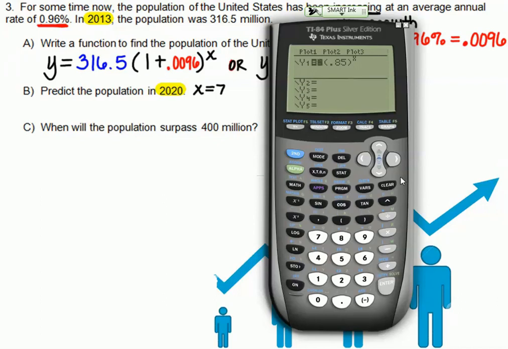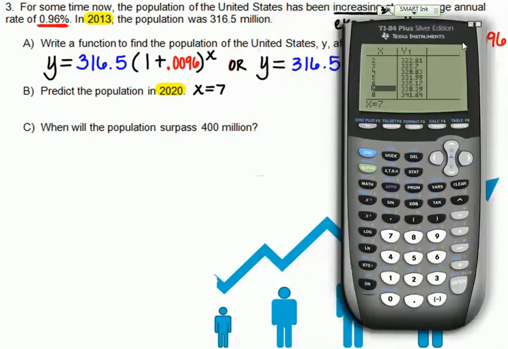We can go to y equals, type in 316.5 times 1.0096, and we'll raise it to x. And 7 years later in 2020, if we round to the nearest tenth again, it's going to be 338.4. But please understand that that is in millions.